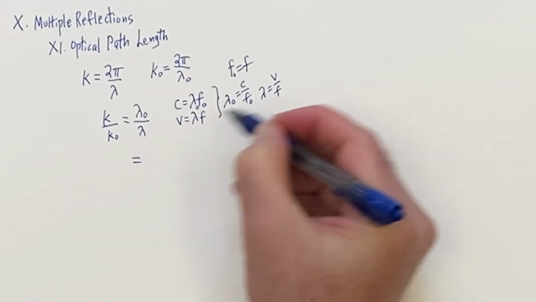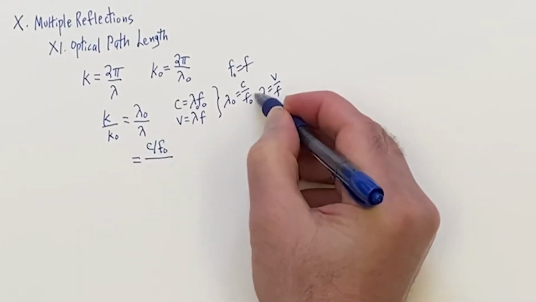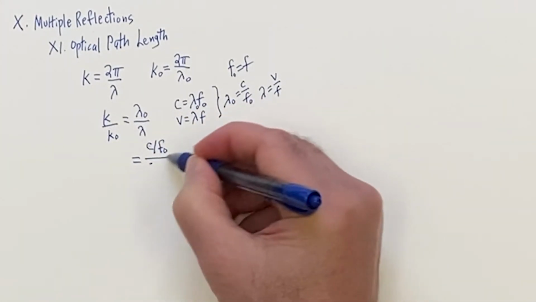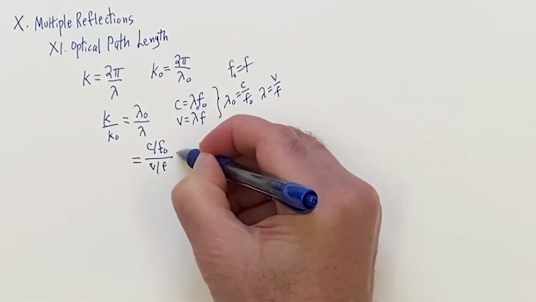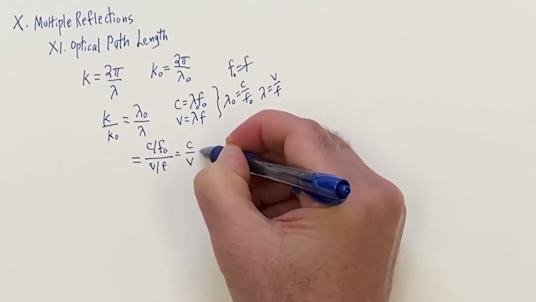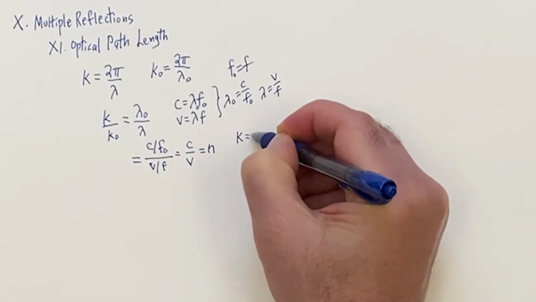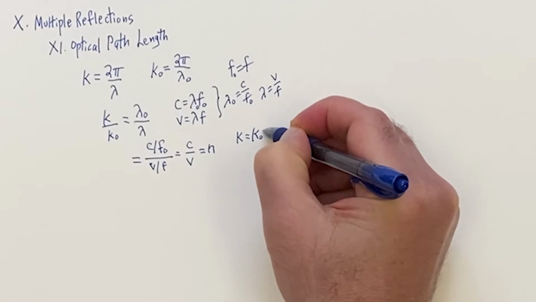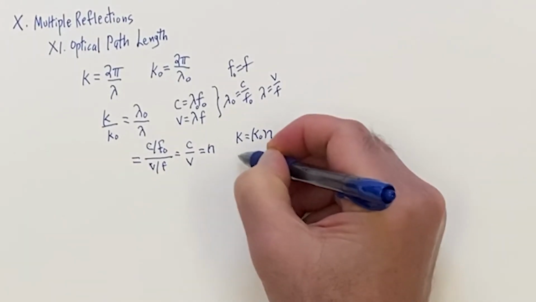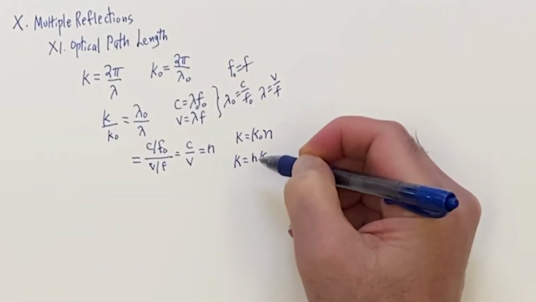Let's go ahead and do that. This is c over f over v over f, so the f's cancel and you get c over v, and that's a cool formula since that's your index of refraction. So you have this nice formula, k naught times n, or k is n times k naught.